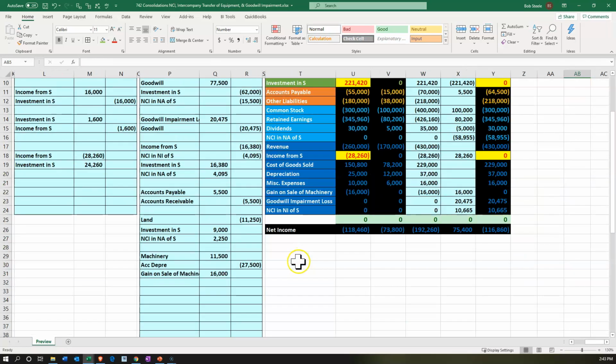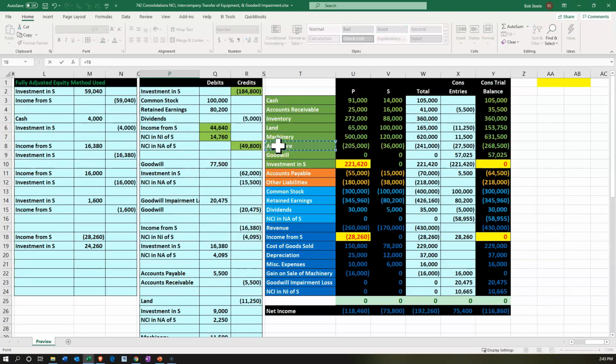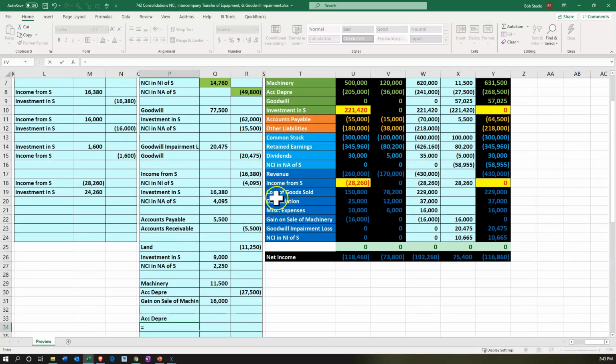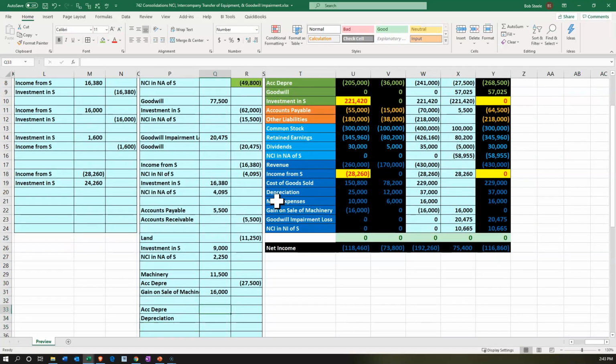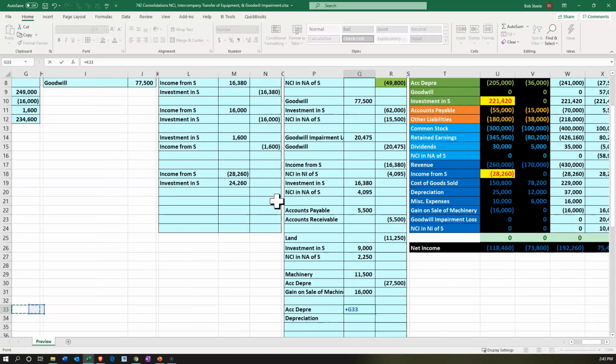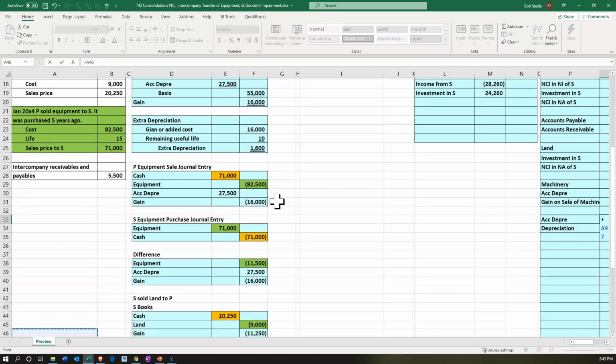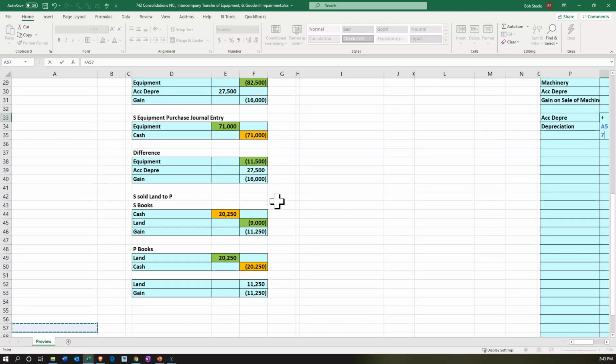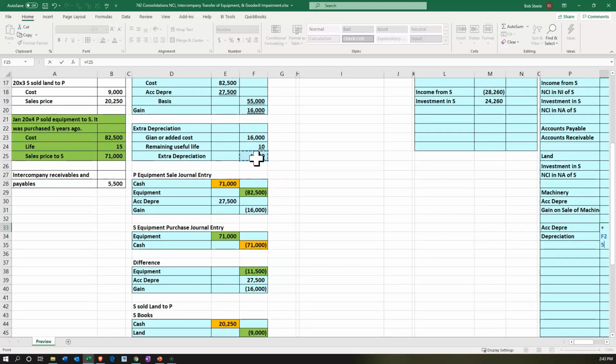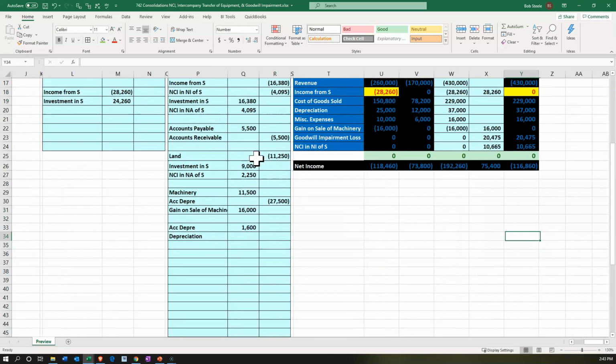So normally we debit depreciation expense and credit accumulated. Now we're going to credit accumulated and then debit depreciation expense for that 1,600 that we calculated. Where did we do that? I did that here somewhere. There it is, and let's pick that up.